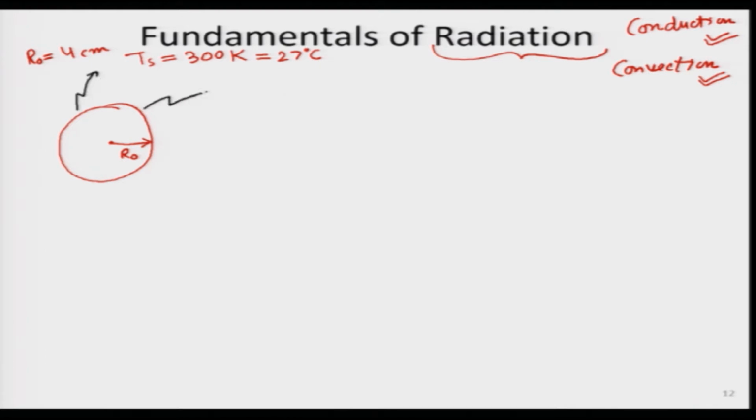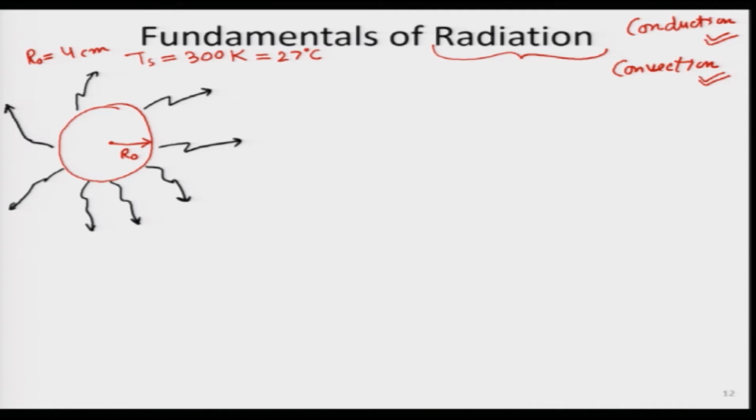I can show that it is going to lose energy by radiation, and I am assuming that this cup or this particular sphere is kept in isolation, which means there are no other bodies surrounding it. It is kept in vacuum, so there is no way it can lose heat through conduction or convection. There is nothing surrounding it. It is just put inside the universe, somewhere in space. I have put this particular body there, and we just want to estimate that with time its temperature will reduce. So, what is the value of Q dot radiation?